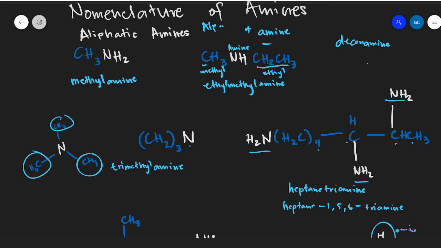So, kumbaga, sinusunod lang din natin kung paano natin pinapangalanan yung iba nating organic compounds na ng mga nauna na, like yung sa carboxylic acid, yung pinapalitan lang natin yung E ng OIC, yung sa alcohol, yung E, pinapalitan natin ng OL.